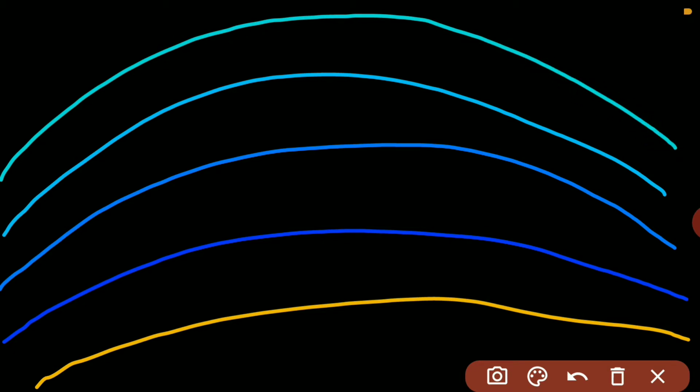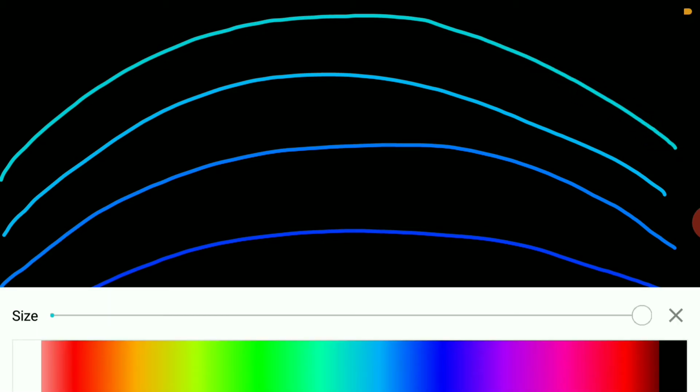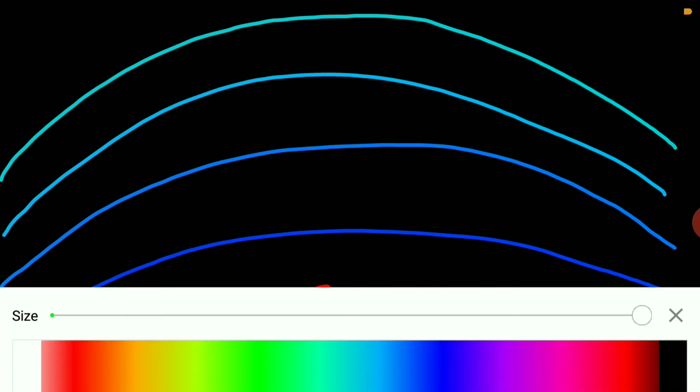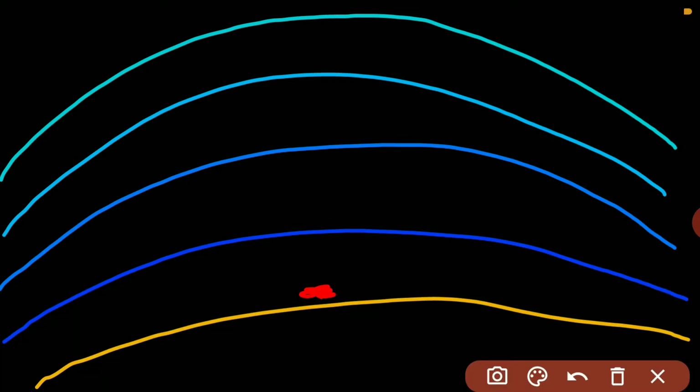So suppose there is one object lying on the surface of the earth here. This object will feel pressure because of all the layers of atmosphere, that means this height.